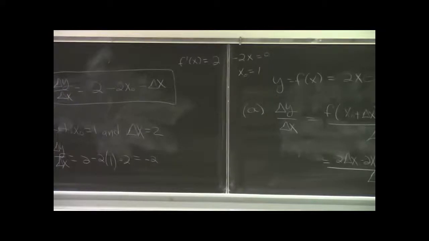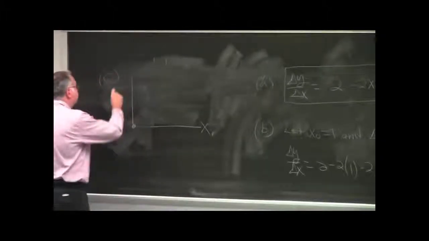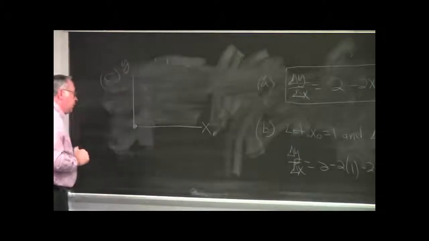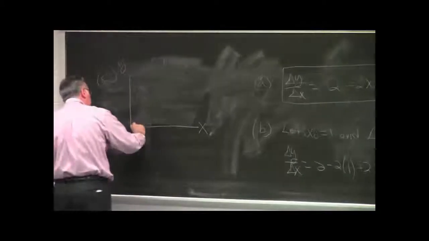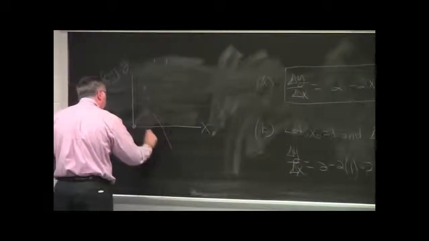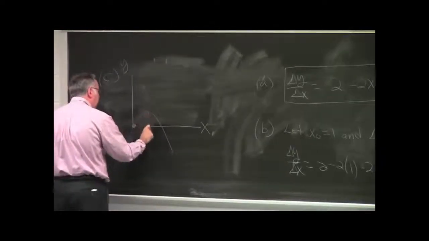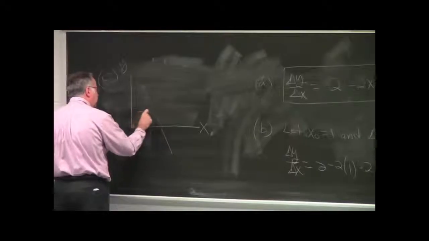So now we have a good idea how to graph the function. If you graph the function, it's just going to look like this. It goes through the origin, and let's make sure we label our axes. It's an upside down U, so it's going to have that shape. And we know at x equals 1, the slope of this function is 0.